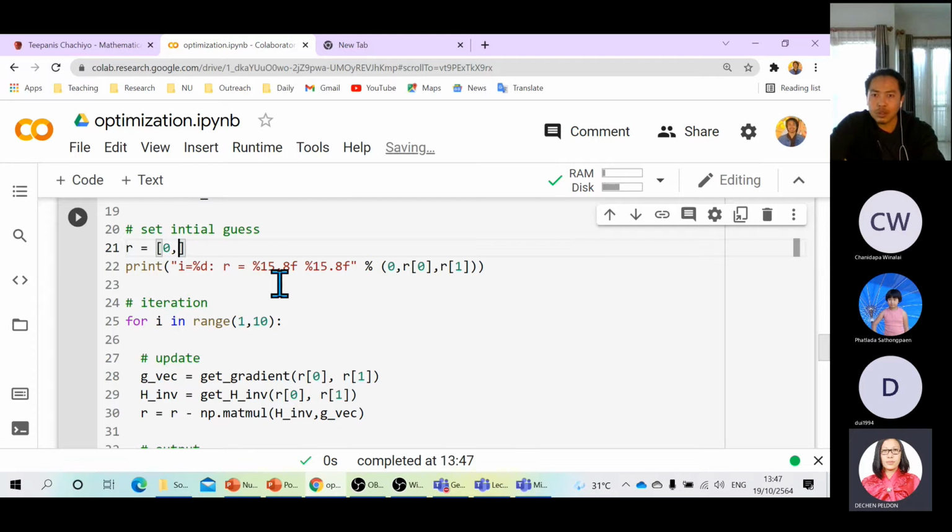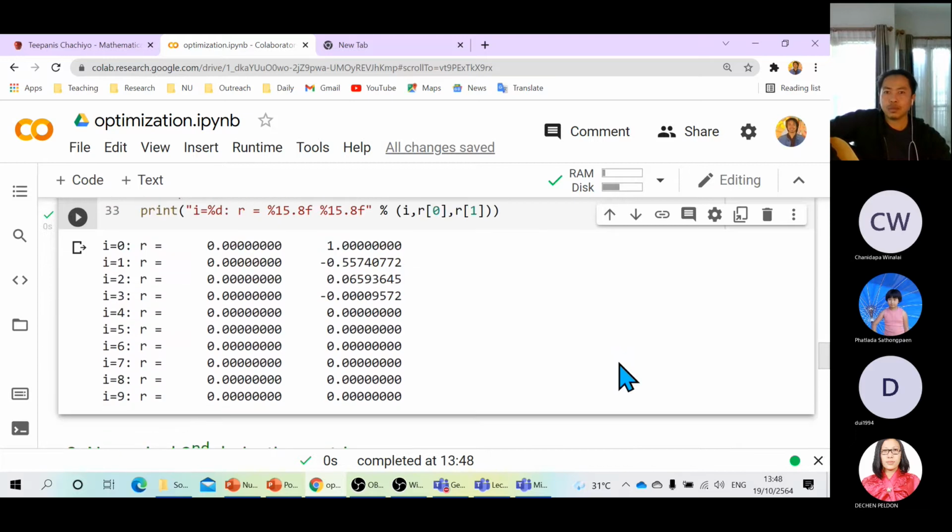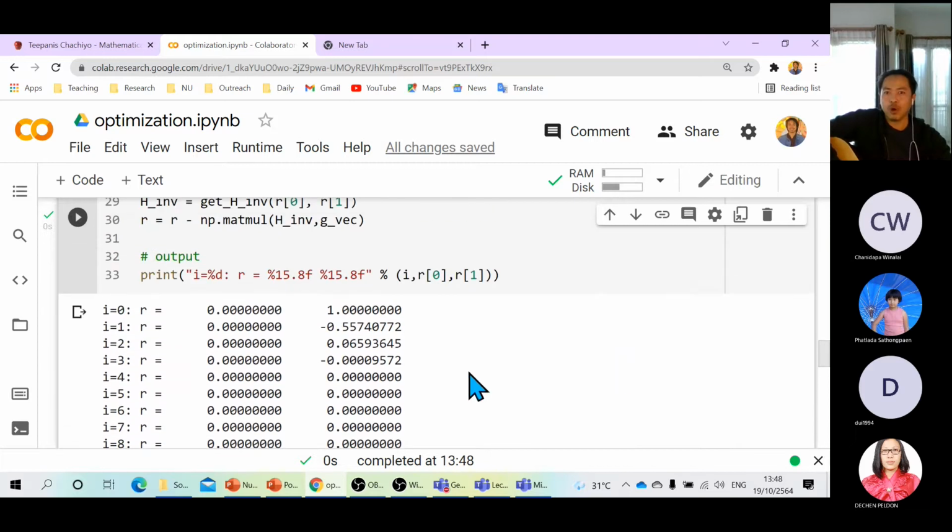The first is 0, 1, right? Yes, it's 0, 1. Let's try this one first. You pick 0, 1. What do we get? We go back to the same answer as before. The exact answer is at 0, 0, the minimum.